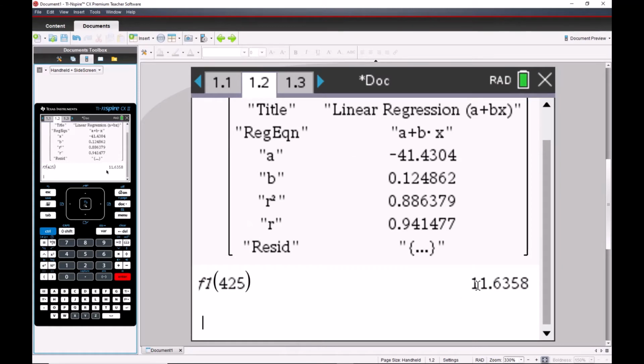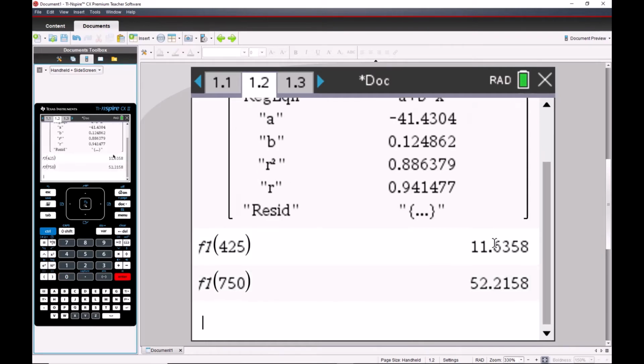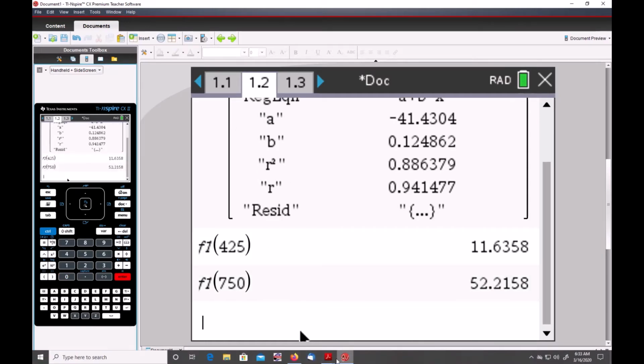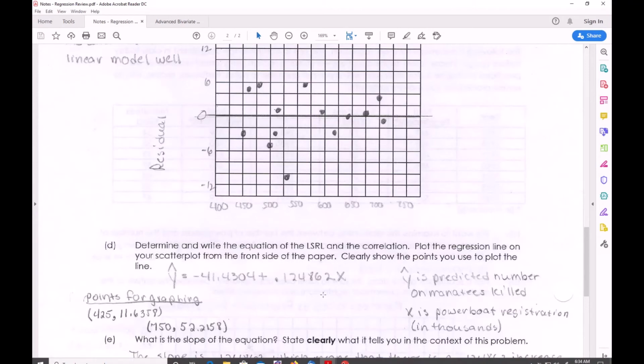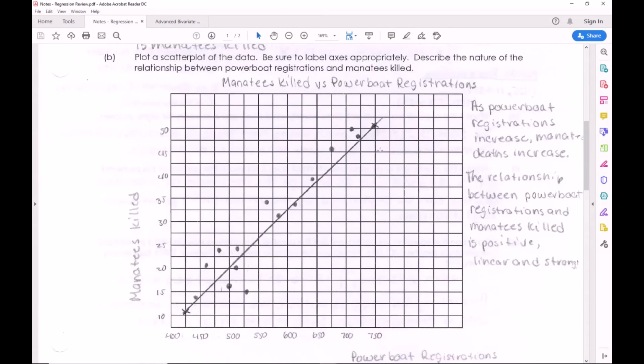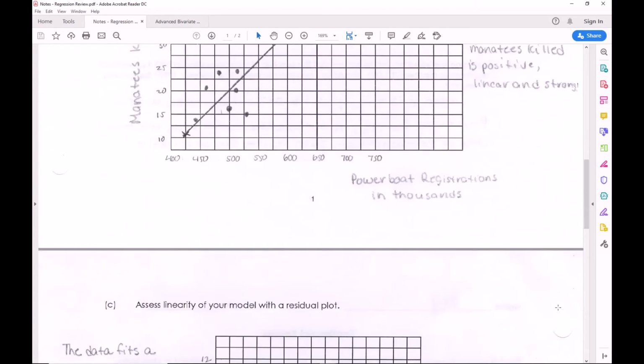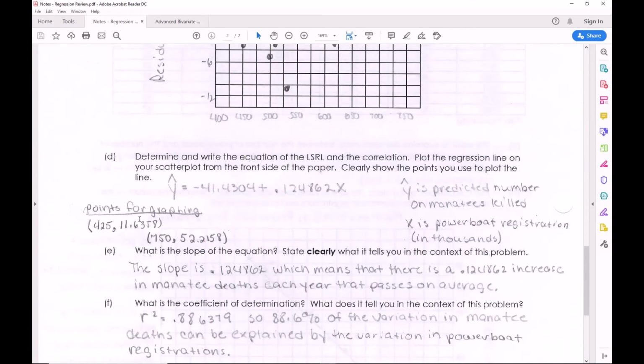And there's my first ordered pair. That was represented by that first X. And then you can just go up here and copy this and go inside, delete, delete, delete, and put in whatever you want. 750 was my other value on the other end. So I plotted those two ordered pairs, and that's how I got this LSRL right here. All right, and that's where these points came from. All right, so the slope.